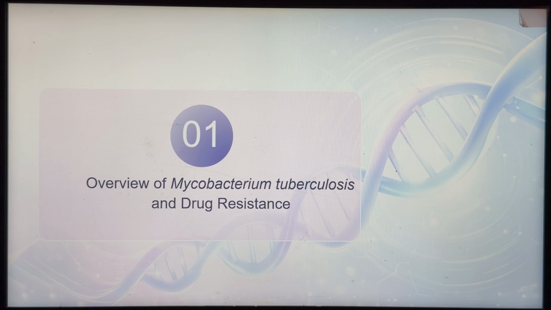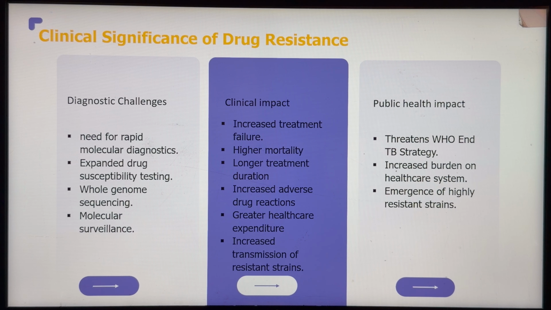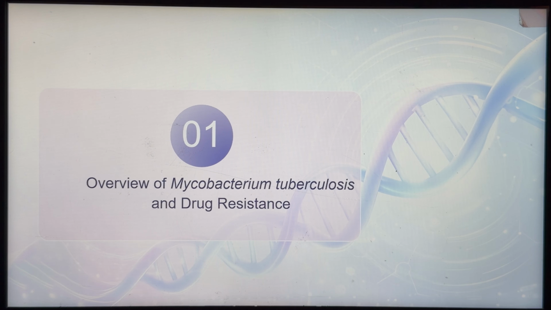Now that we have discussed the learning objectives, let's begin with a brief overview of Mycobacterium tuberculosis and the concept of drug resistance. Understanding drug resistance first requires an understanding of the organism itself. Mycobacterium tuberculosis is an intracellular acid-fast bacillus that has evolved remarkable mechanisms to survive within the human host.